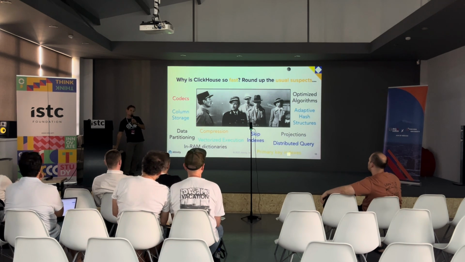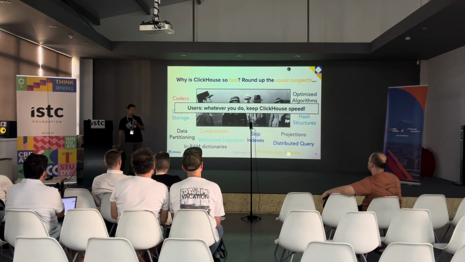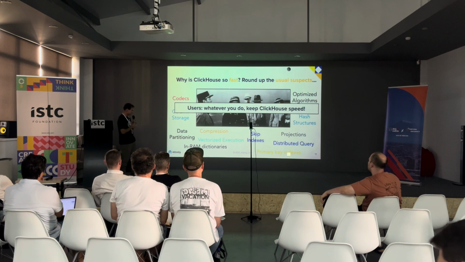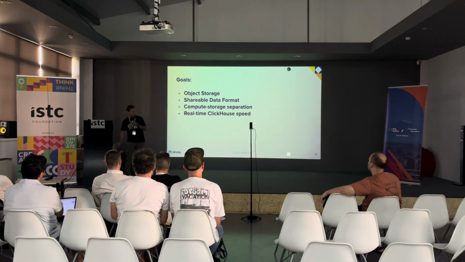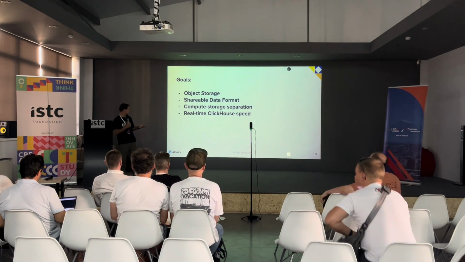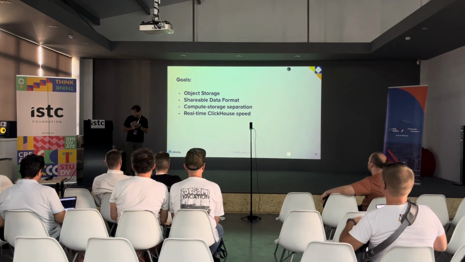And if you want to change ClickHouse in the way users want, they always ask, whatever you do, keep ClickHouse speed. It should be as fast as now or faster. Don't make it slower. So we have goals for user demands: object storage, a shareable format so we can share the data not just with ClickHouse but other tools, compute and storage separation, and real-time ClickHouse speed. So we need to keep it.